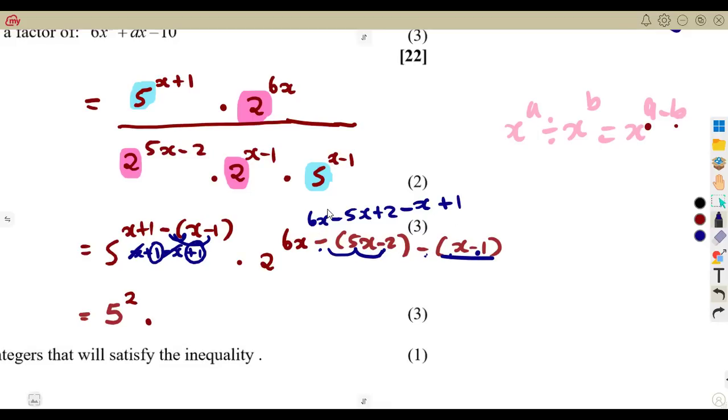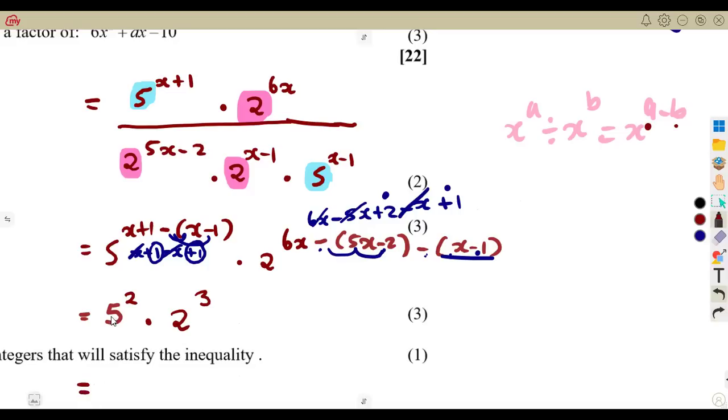So you're going to get 6x minus 5x, which is 1x. 1x minus x, that's a 0 there. So the x was going to cancel. 6 minus 5 minus 1, that's a 0 there. So you remain with 2 plus 1, and 2 plus 1 is a 3. So it's 2 to the exponent of 3. This is what we're going to have.